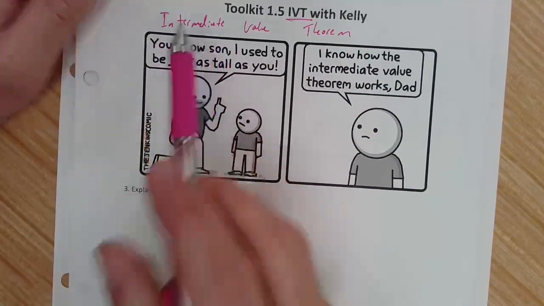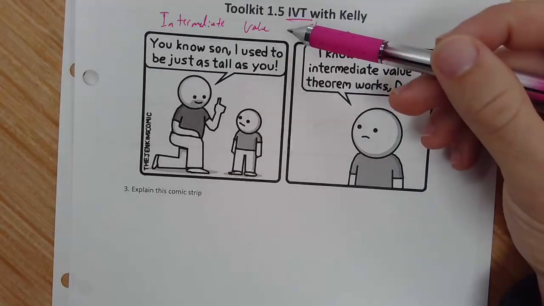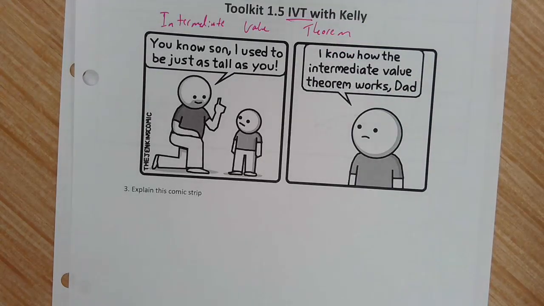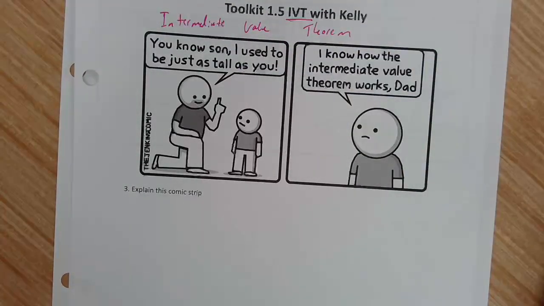What about intermediate? If you think about something being an intermediary or intermediate, it's in the middle. So we got middle, we got rule, and value means value. What a value would be, a number, right? So between, number, rule. It's kind of what the intermediate value theorem is all about.